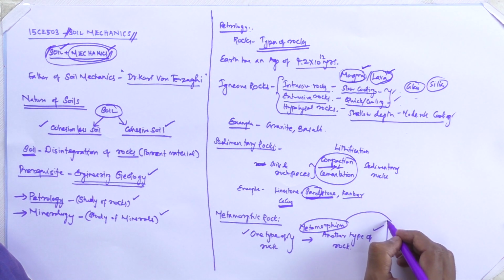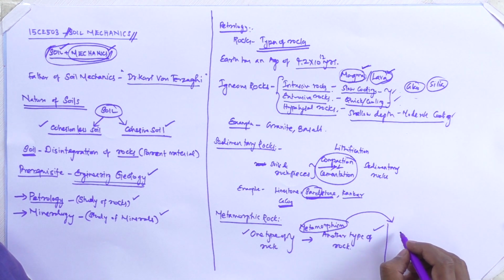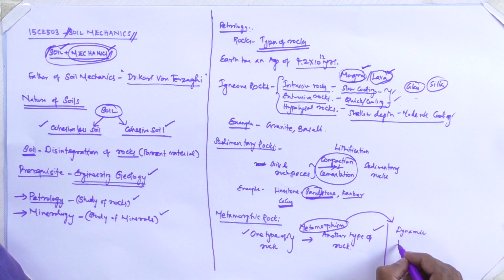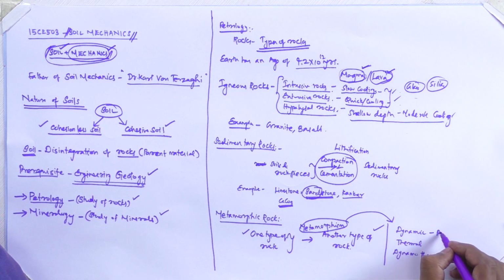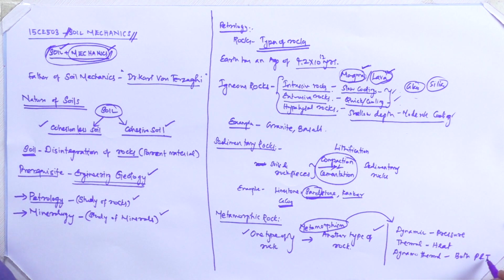So this metamorphism is a process that can be done by dynamic, thermal, or dynamothermal means. Dynamic represents pressure, thermal is heat, and dynamothermal is both pressure and temperature.